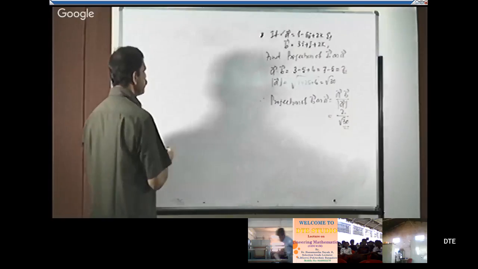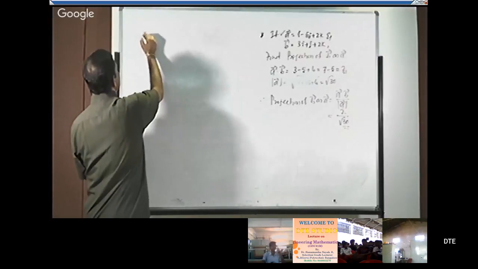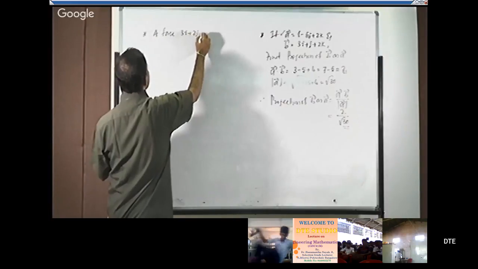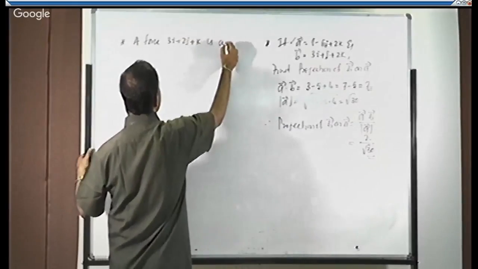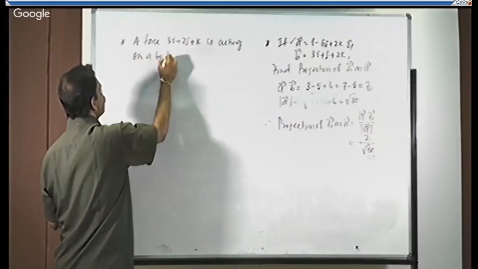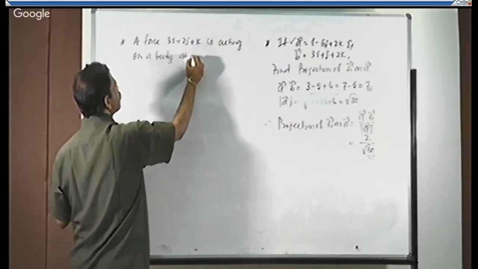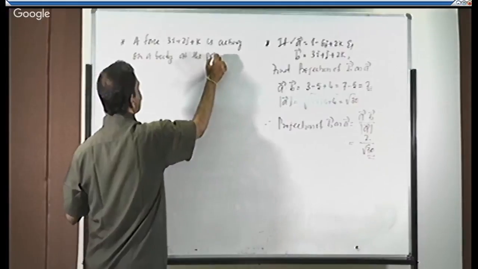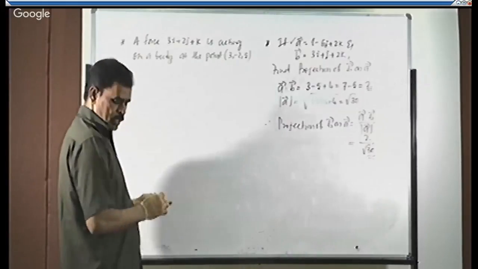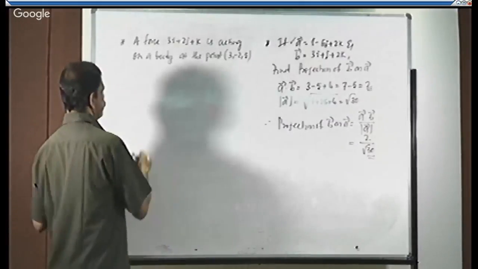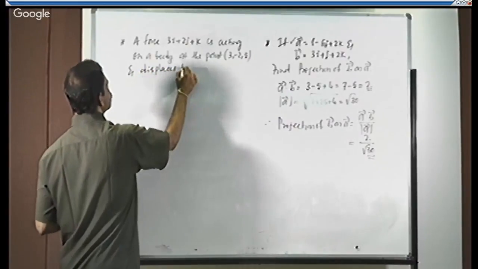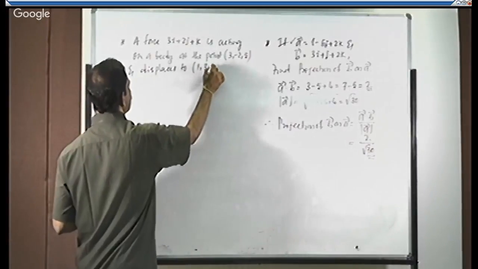So the next problem is on application, that is work done. A force 3i plus 2j plus k is acting on a body at the point 3 comma minus 2 comma 5 and displaces to 1 comma 3 comma 2.